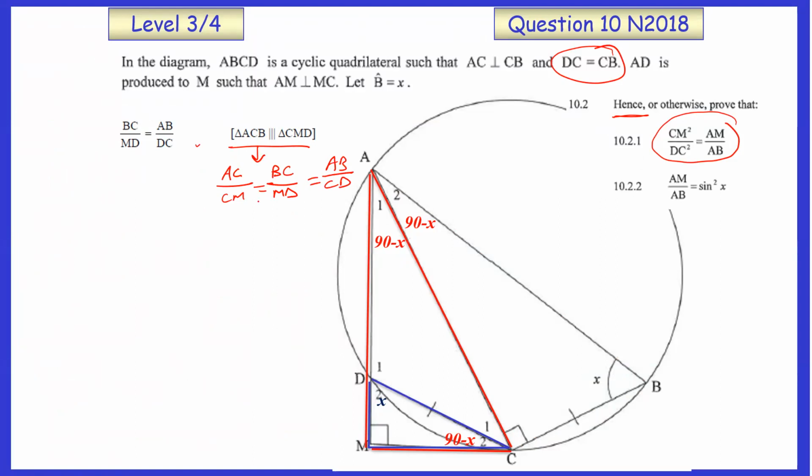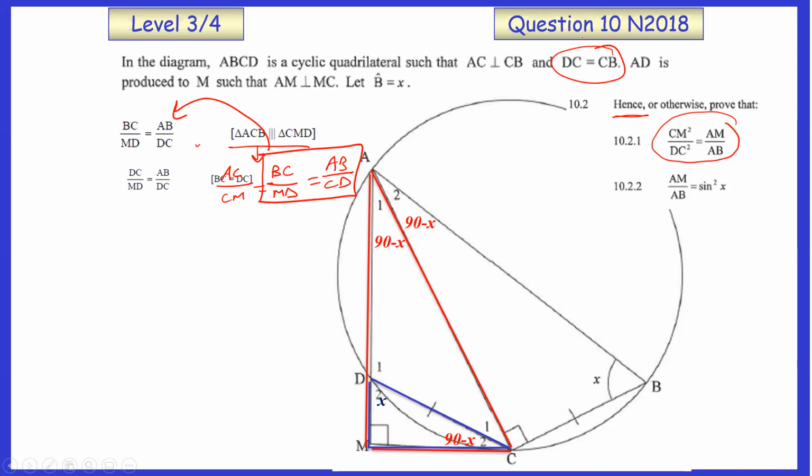Now I want to take the last two. That's what I'm taking here. BC over MD is equal to AB over DC. Are you still with me? Yes, sir. All right, now let's carry on our journey. So we can now replace BC with what?